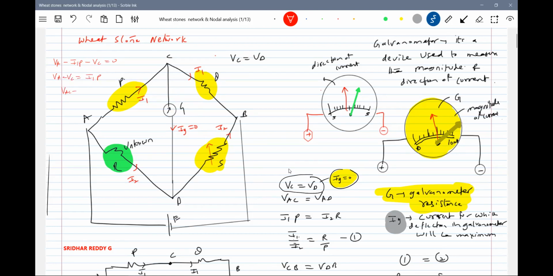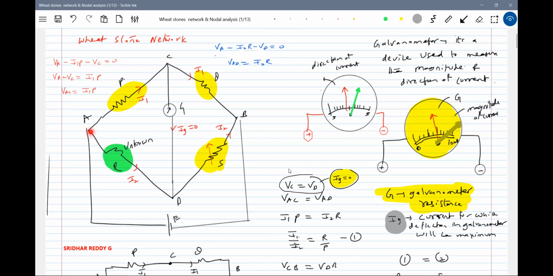So this will become VAC. Similarly, what is VAD? I'll write down the loop equation: VA minus I2R minus VD equals 0. So VAD is equal to I2 into R.